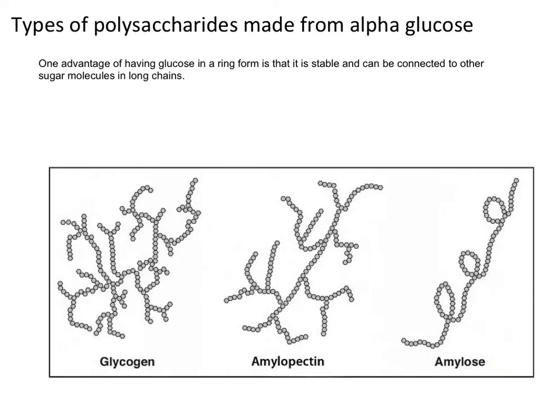And now we're going to move on to polysaccharides. So when you put more than 2 glucose or sugars together, any kind of sugars, then you get a polysaccharide. And so what I want you to see, first of all, is that each of those little circles is a sugar molecule.